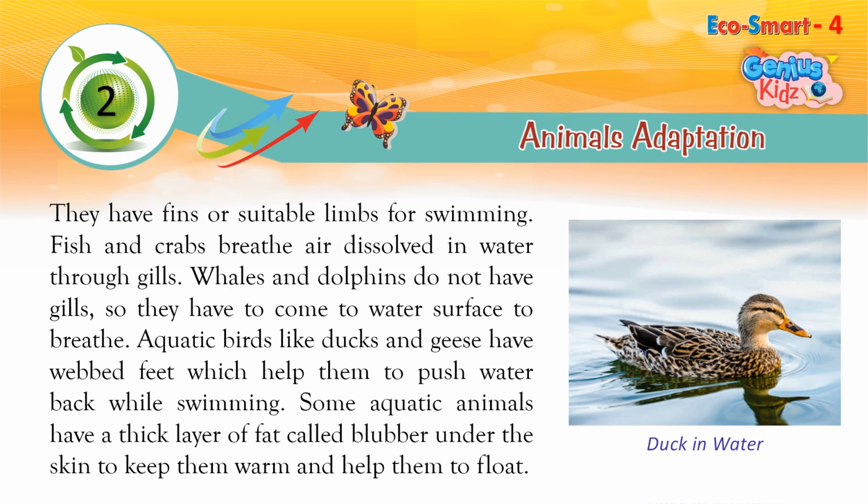Fish and crabs breathe air dissolved in water through gills. Whales and dolphins do not have gills, so they have to come to the water surface to breathe. Aquatic birds like ducks and geese have webbed feet which help them to push water back while swimming. Some aquatic animals have a thick layer of fat called blubber under the skin to keep them warm and help them to float.